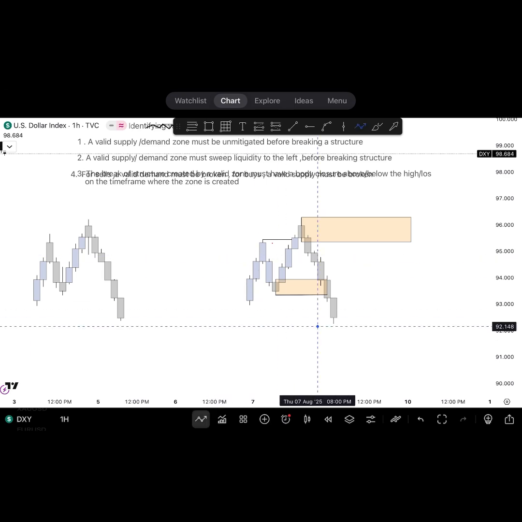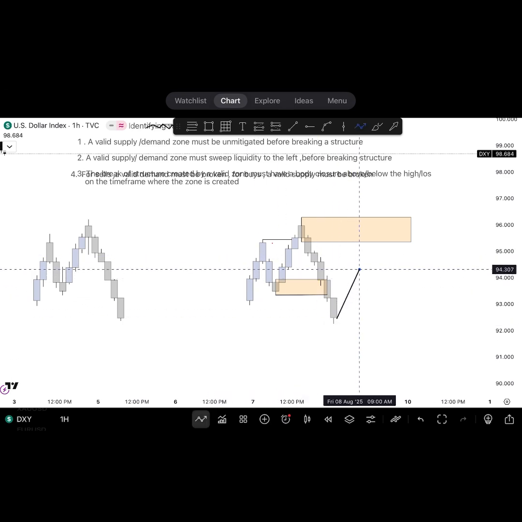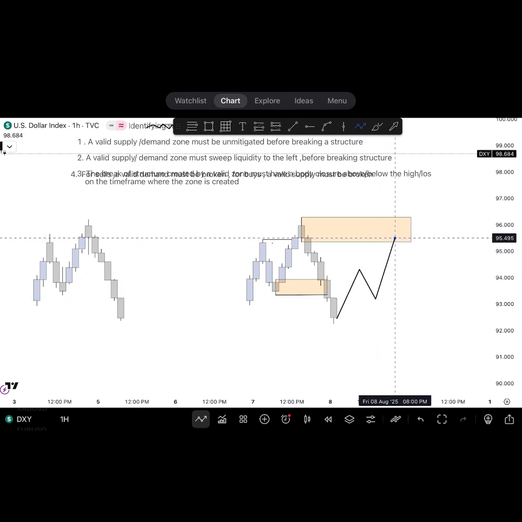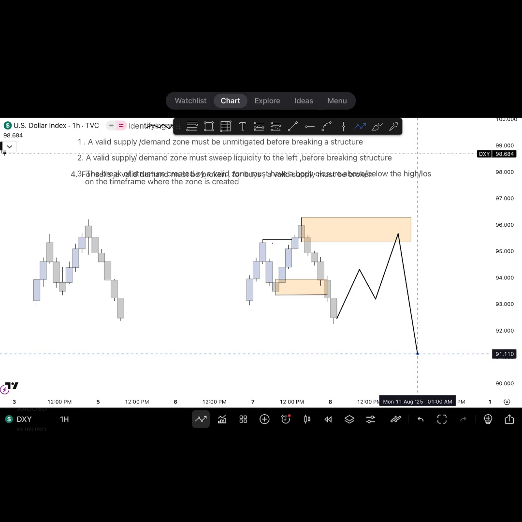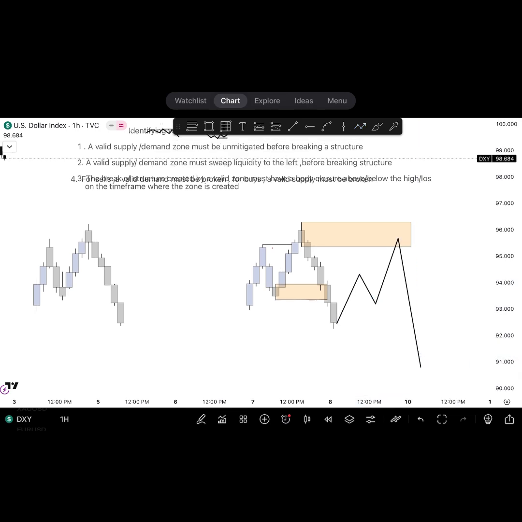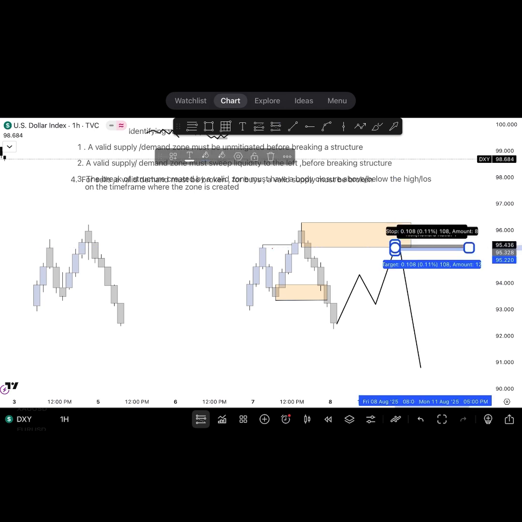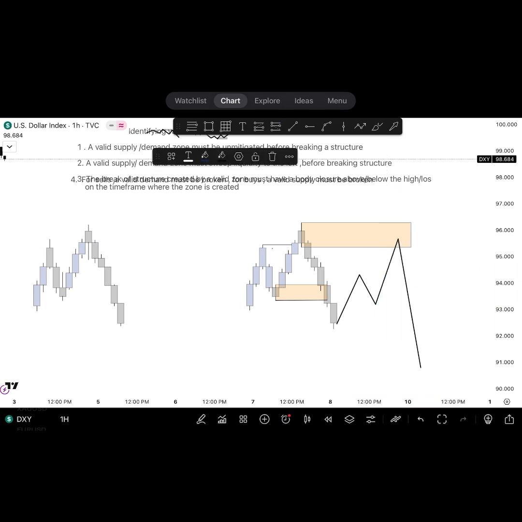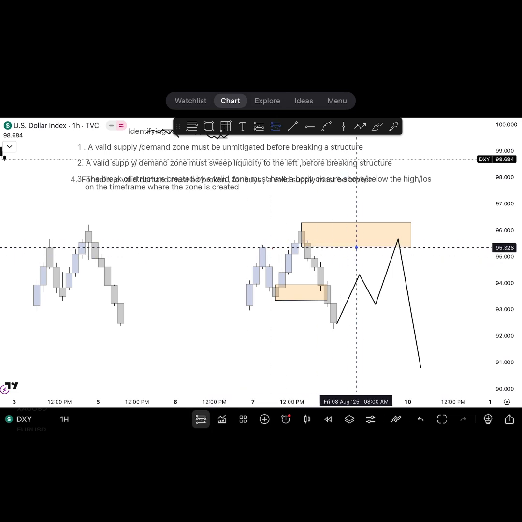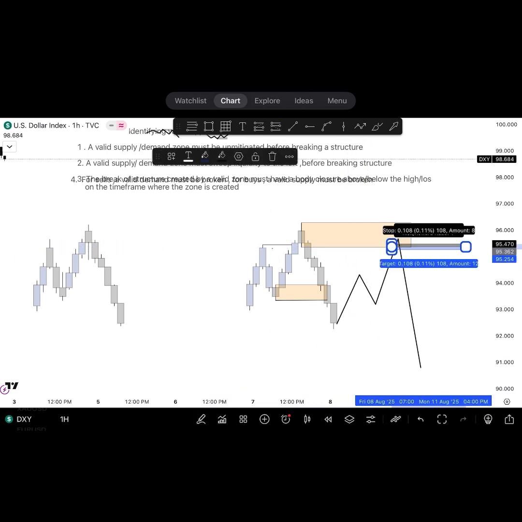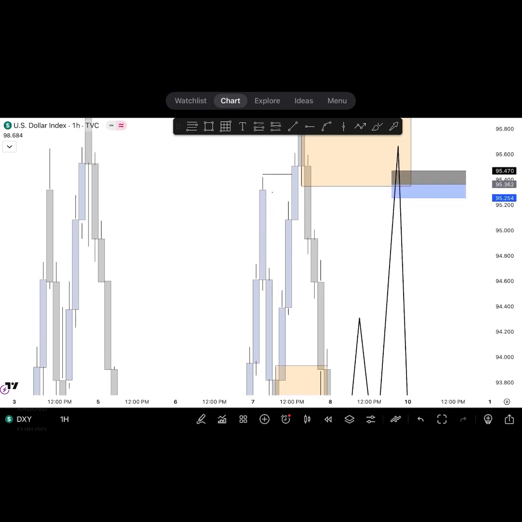So in this particular example, there is every probability the market comes to this supply zone, and guess what? Market will sell. Yes, it works most of the time if the market structure is in your favor and you know what you're doing, it will most likely sell.